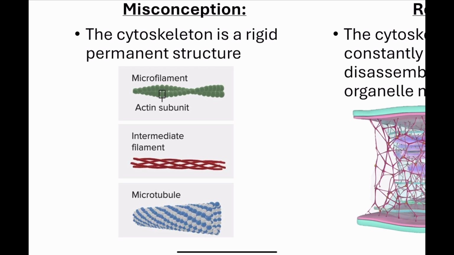This is partially true, but it's not entirely accurate. The cytoskeleton is made up of three main components: microfilaments, microtubules, and intermediate filaments. And of these three, only the intermediate filaments are going to be relatively static.